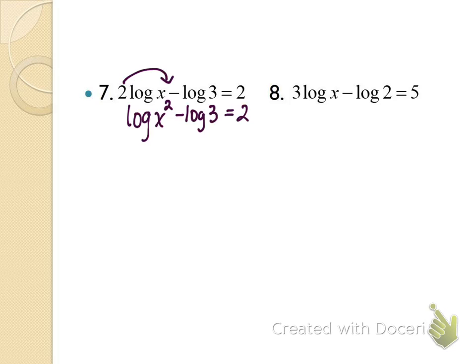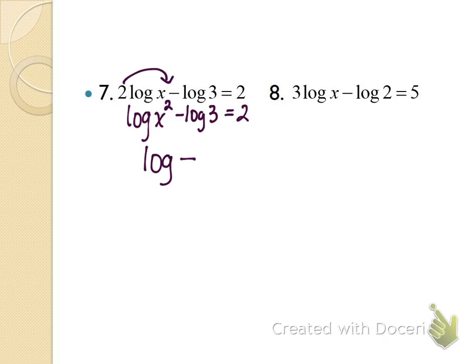If we have logs separated by a subtraction sign, and I wanted to combine them into one log, what operation would I be using now? Division. So subtraction condenses to division.